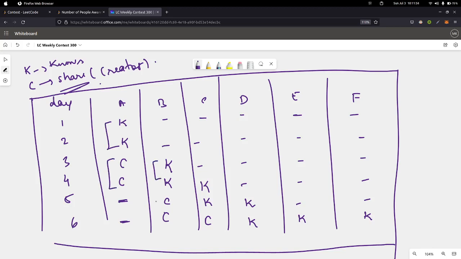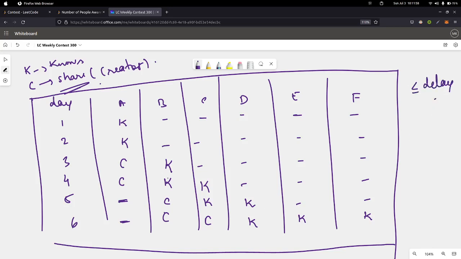Similarly for B, similarly for C, similarly for everyone. Okay, so we can say that whenever we create a new person, he gets to only know about the secret for a particular amount of time, right? That particular amount of time is less than or equal to delay.